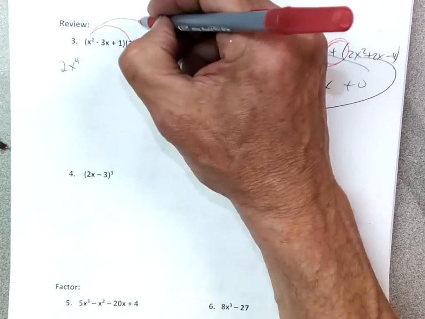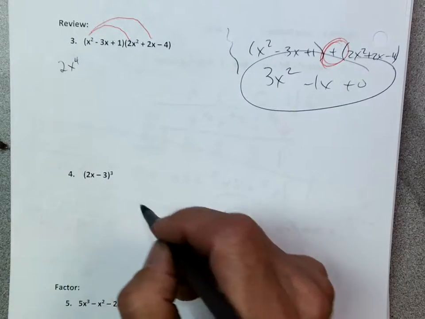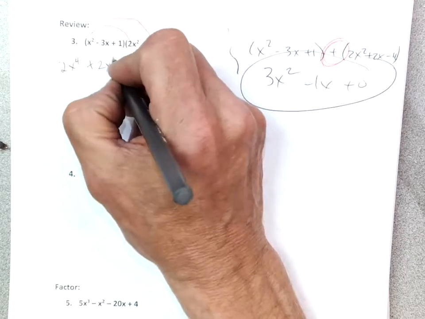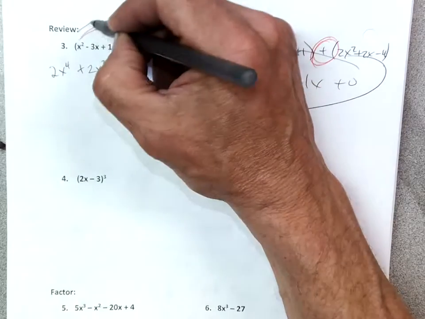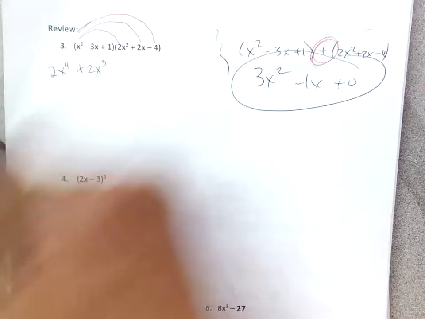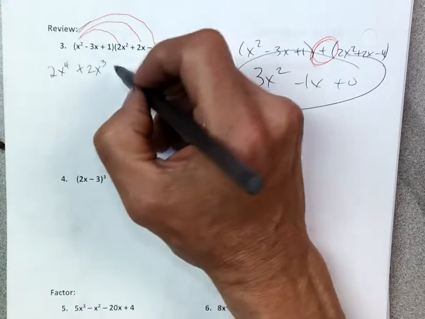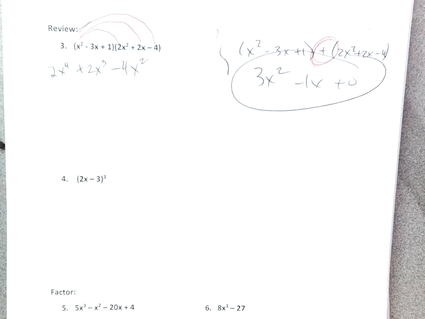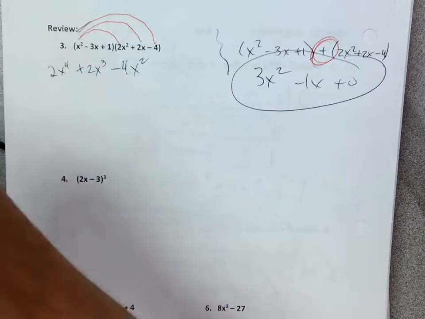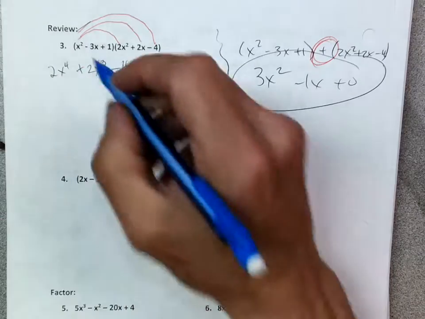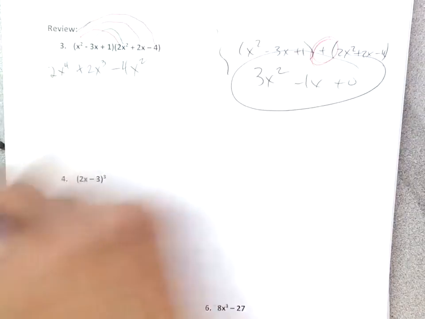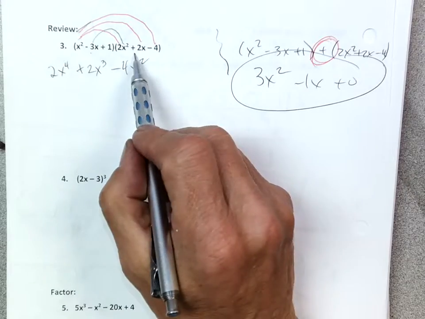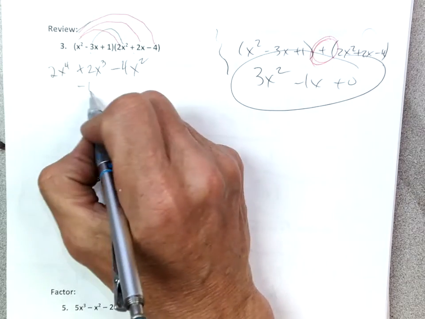This times this, plus 2x cubed. Minus 4x squared. Minus 6x cubed.